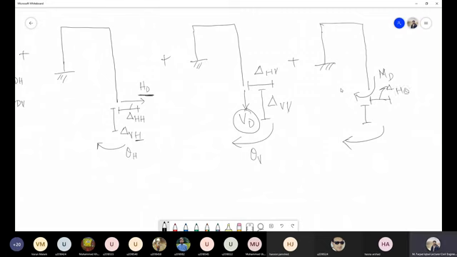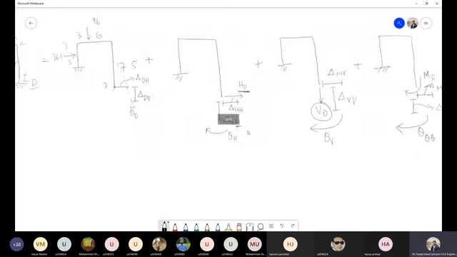That means the horizontal deflection due to the applied moment or applied rotation. This we can call delta V theta. That is the vertical deflection, and this one we will call theta theta. That is the rotation at point D due to the moment MD, which we have applied at this particular point.